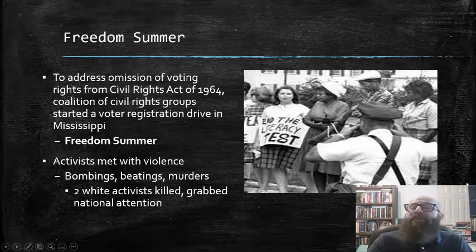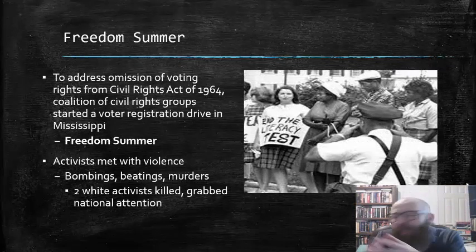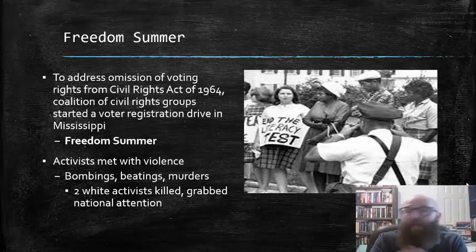Neglect in the Civil Rights Act of 1964 to address issues of voting rights led to a shift in the civil rights movement away from issues of segregation towards issues of equal access to the vote for all people regardless of race.